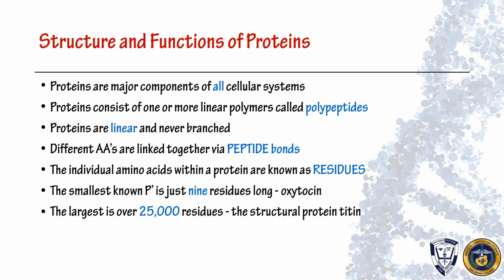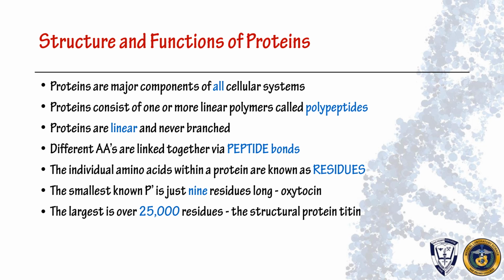Now let's move on to the structure and functions of our proteins. This has been discussed sa inyo way back in your biochemistry and even in your clinical chemistry 1 and 2 courses. So proteins are major components of all cellular systems.